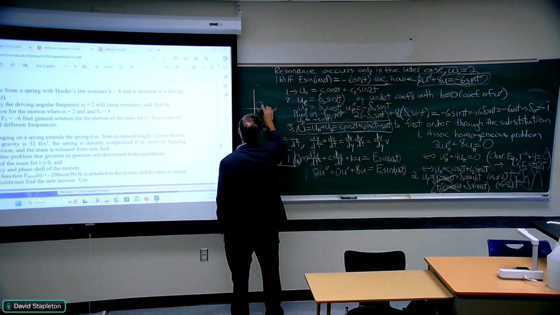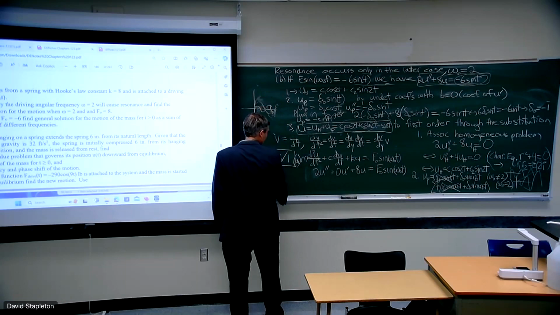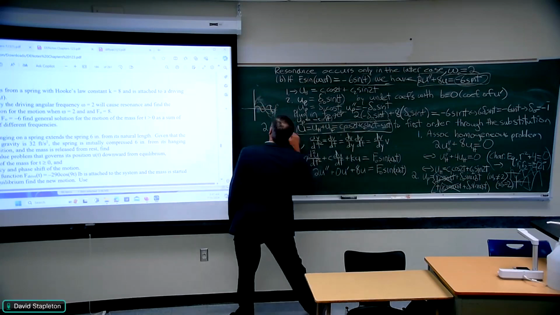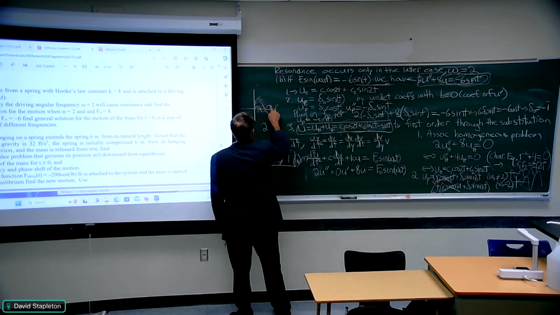Let's see, can I do that? Here's one here, I guess about like that. And when you add these two together, you get some sort of combined solution that oscillates around this one, the bigger one, if you like. So if you try to sketch this, here's the homogeneous solution, here's the particular solution.